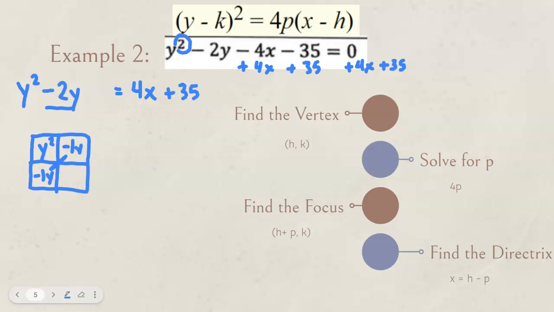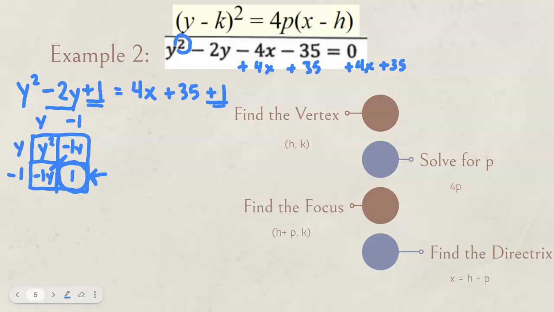Now I'm going to move to the outside of the box, and the dimension here is going to be y, and the dimension here would be -1. The missing piece, the part that I'm completing when I complete the square, is a missing 1 in this corner, because -1 times -1 would be 1. So in order to fill in that missing 1, I have to add 1 to both sides of my equation. It's this 1 that I'm adding.